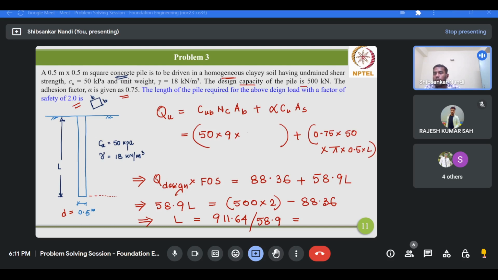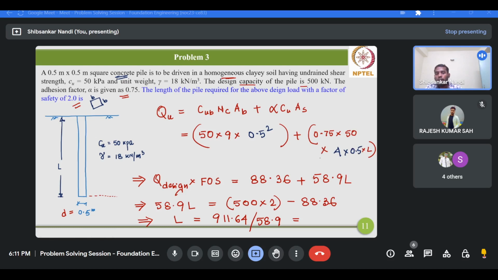So this is the value for B. Now for a square cross section, what is the cross sectional area? This is B square, that means 0.5 square. And what is the surface area? This is 4BL. So 4 times 0.5 L.